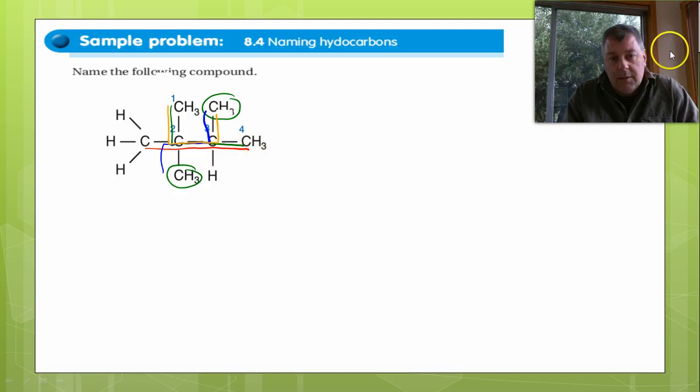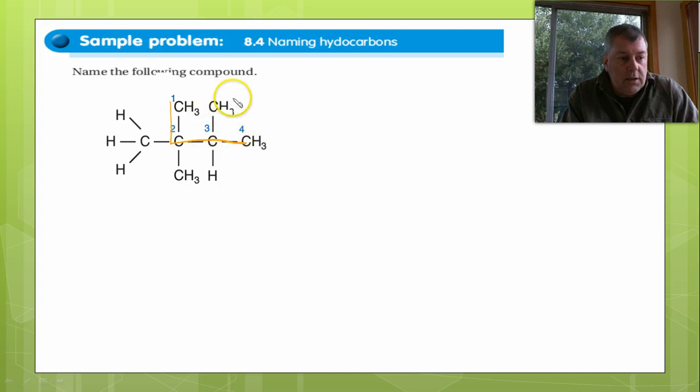In this case, let's just get rid of it. In this case, they've chosen this to be the longest chain, so therefore, that's a 3 there, and we have to name anything that isn't on the longest chain as a branch, and we're going to number it so that we have the lowest possible numbers for our branches.